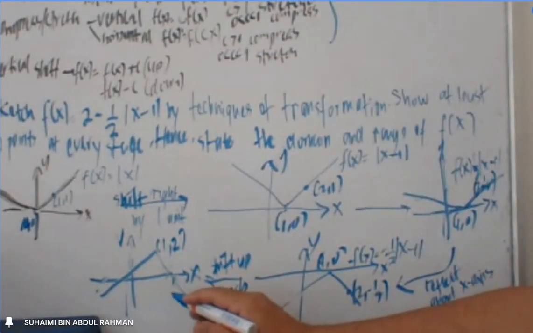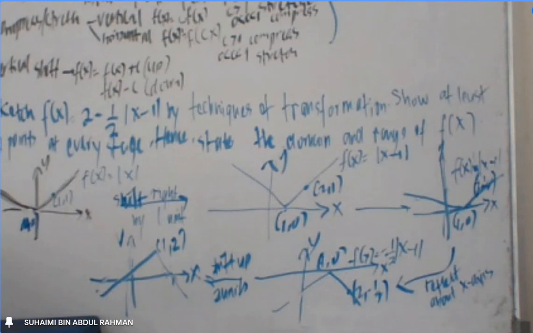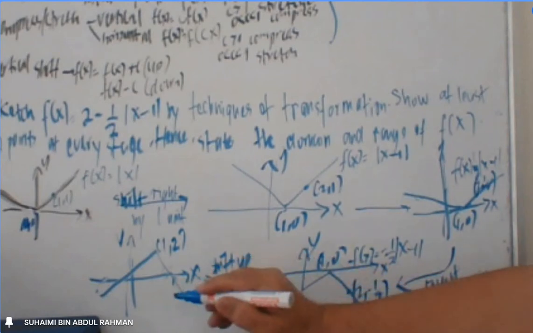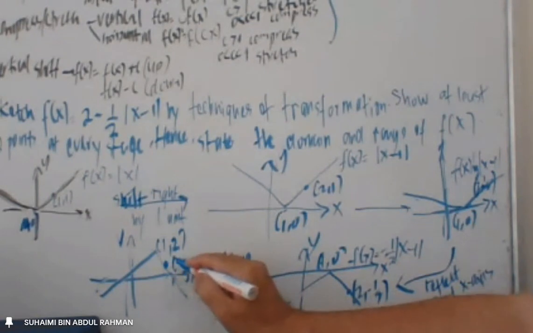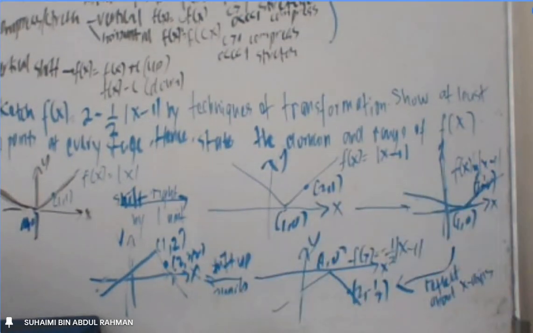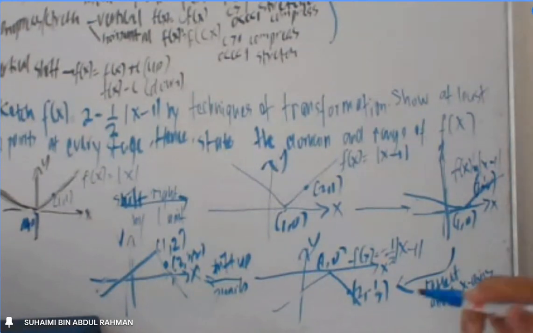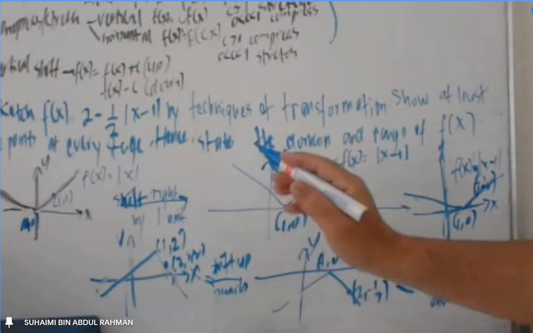The point (2, negative 1/2) will go to the point (2, 3/2), because we go up 2 units.